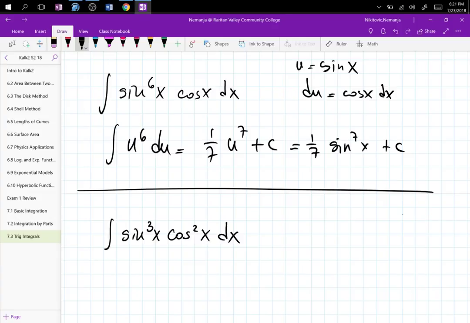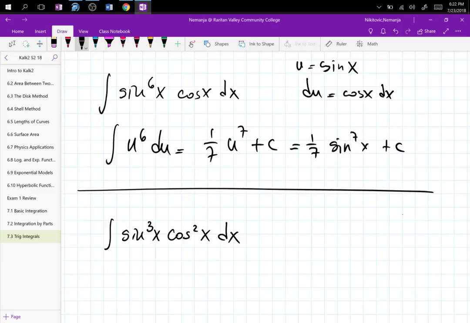Yes. You can turn sine cube into sine of x times sine square of x. Nice. You peel off. If you have an odd exponent, guys, this is a rule. I'm hoping you are remembering it or writing it down. If you have one of the exponents odd, that's what you peel off, sine or cosine, whatever is underneath. So when you have exponents on everything, if one of the exponents is odd, you are going to peel off one of those trig functions and save it for du.